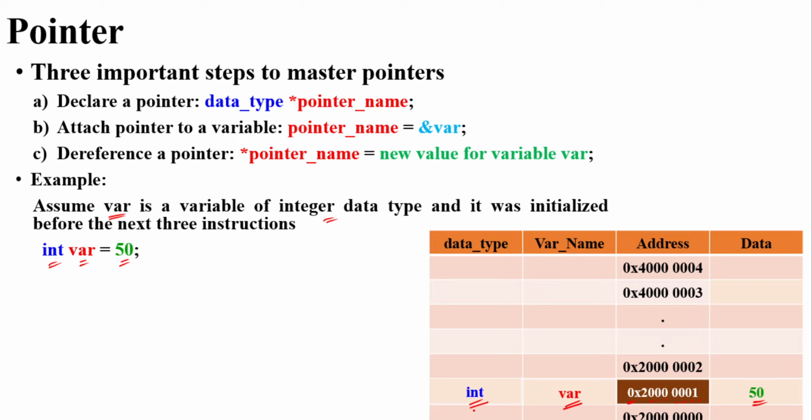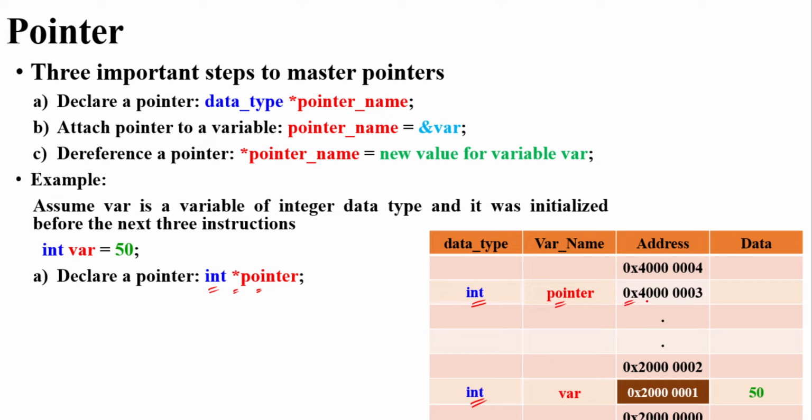So: data type, variable name, address, and data. Let us declare a pointer: int asterisk pointer. Now we have declared a pointer. The data type is int because the variable is also of data type int, so we have to keep them the same. Otherwise, if var was of floating type, then we would have to define the pointer also as floating type. Now coming to the name of the pointer, it is pointer, and definitely the pointer will also get an address.